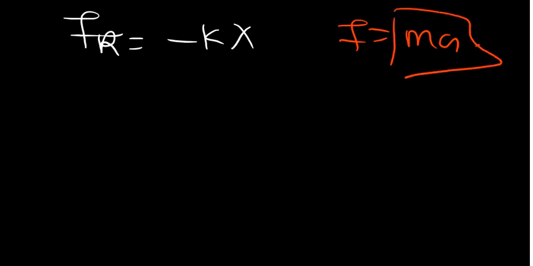So I can say my ma is going to be negative kx. I'm talking about the restoring force. The restoring force is the force which we all know to be mass times acceleration. So I'm just replacing F with ma. Is that okay?